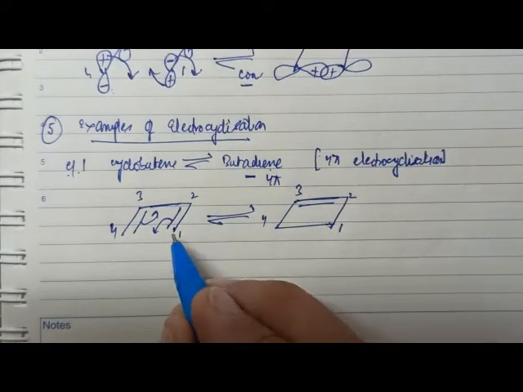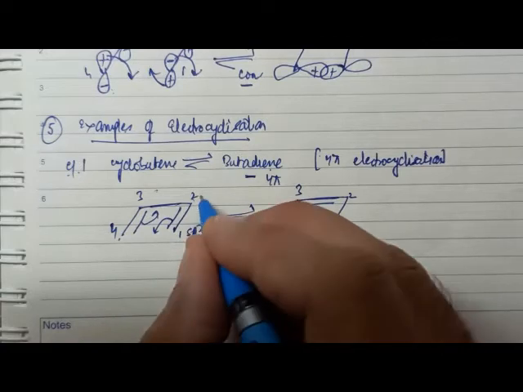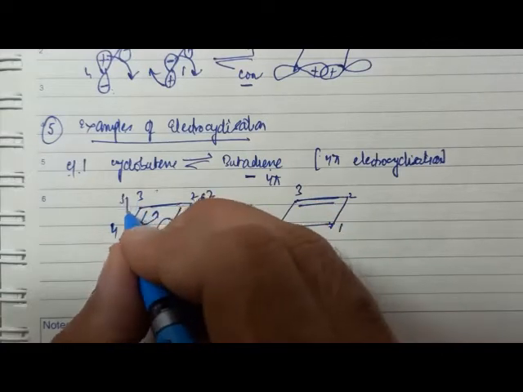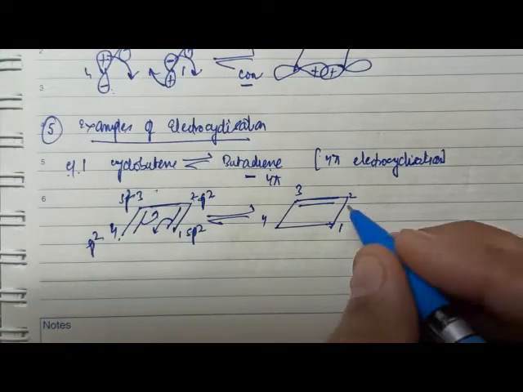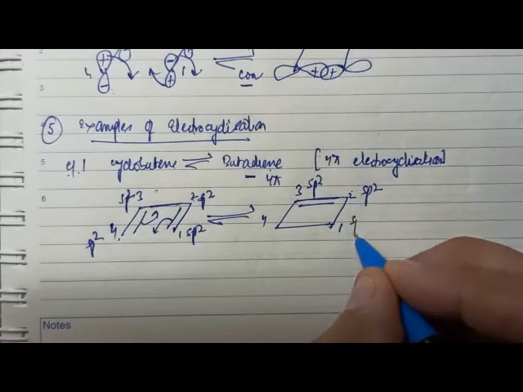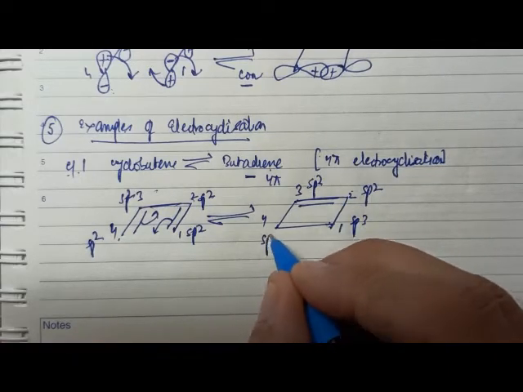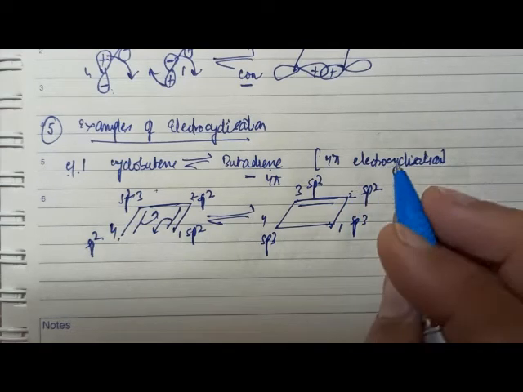To start with, all the 4 carbon atoms of butadiene were sp2 hybridized and hence planar, whereas once they undergo cyclization, the second and third carbon atoms of course are still sp2 hybridized, but the first and fourth carbon atoms become sp3 hybridized, and since they are sp3 hybridized, they should have a tetrahedral geometry.